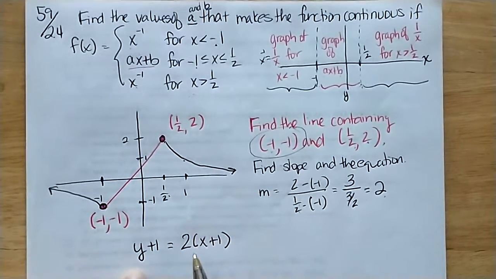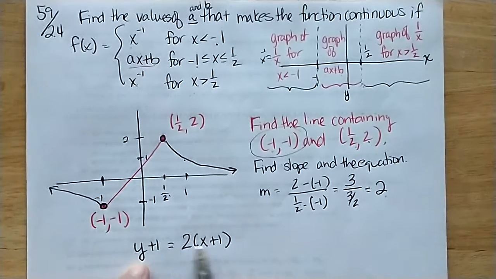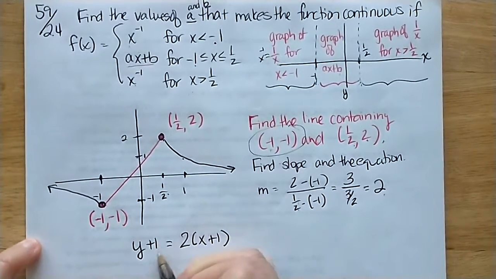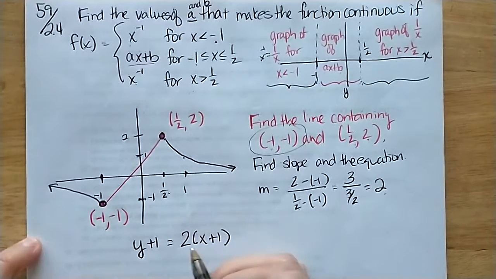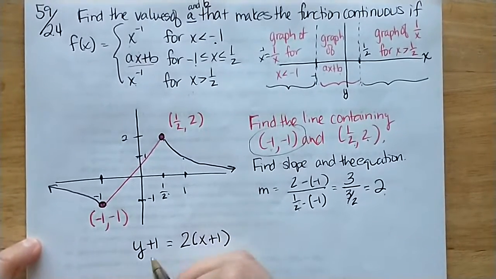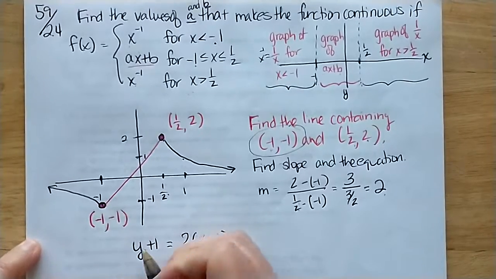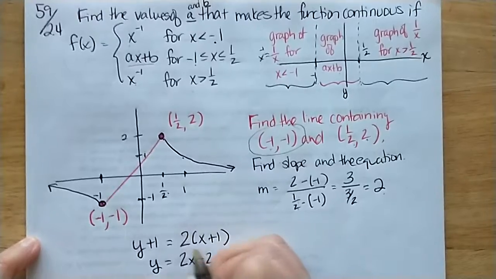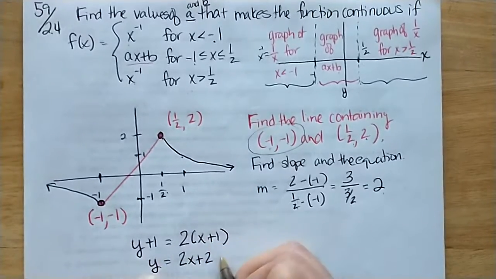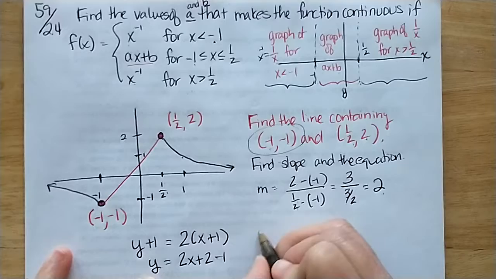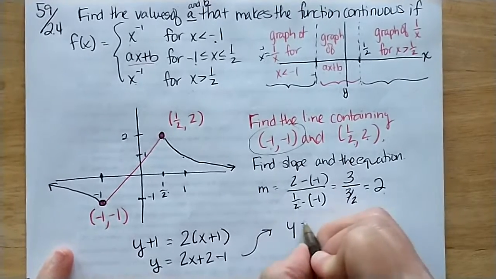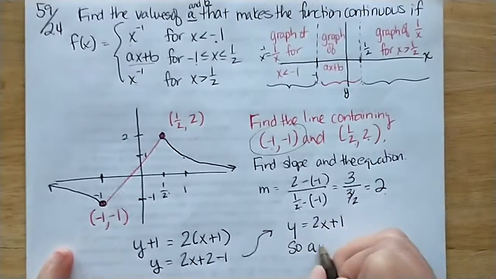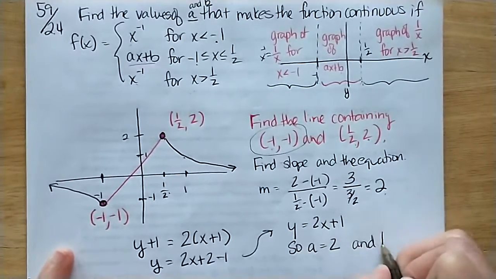I still need to find a and b, so I need to get this equation in the form y equals my slope times x plus my y-intercept. So all I have to do is distribute that 2, subtract the 1 over, and I get y equals 2x plus 1. So a is 2 and b is 1.